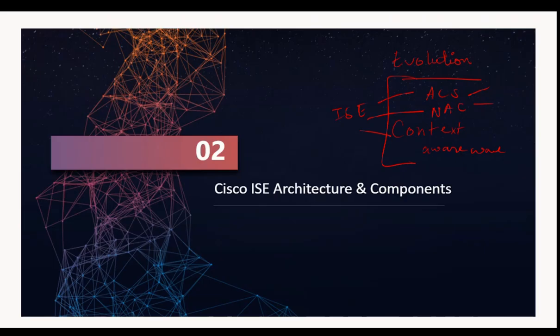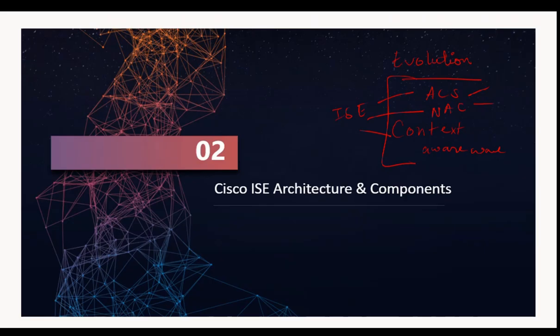It is much more advanced in its capabilities to collect and interpret detailed information about who, what, where, when, and how users and devices access the networks. So that is the evolution of ISE.